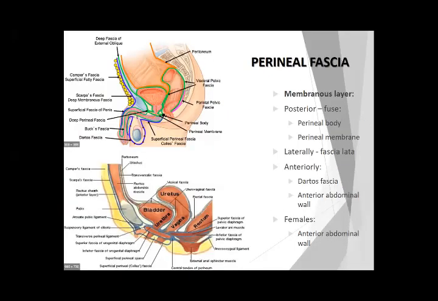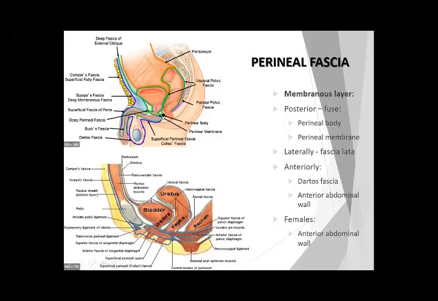So now let's do the deeper layer, which is the membranous layer of perineal fascia. Membranous layer के लिए please trace this blue structure, this blue line. ठीक है? This has to be traced, females के लिए भी और males के लिए भी.